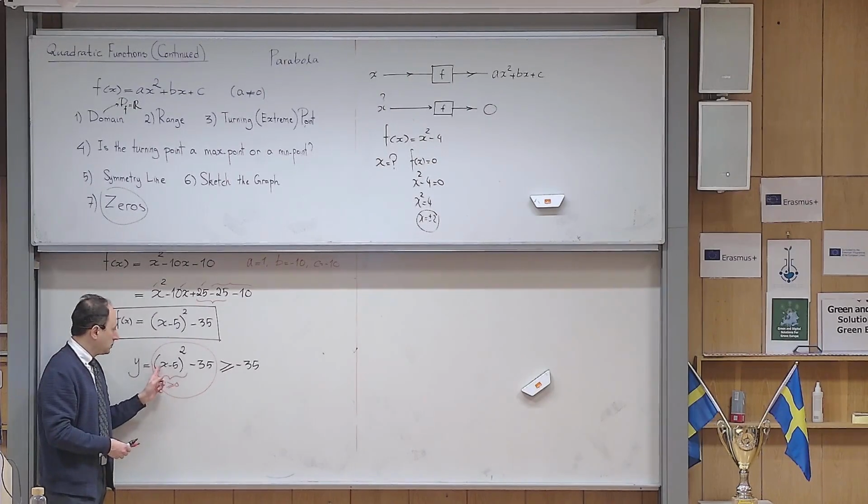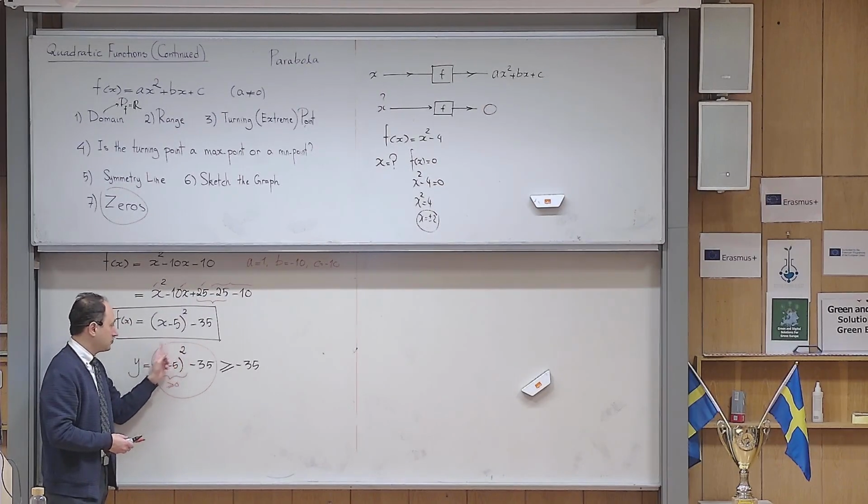Why? Because whatever this number is, I am raising it to power 2. If the number here is already positive, when I raise it to power 2, it still becomes positive. Even if this number is negative, after raising to power 2 it again becomes positive. So in both cases it is positive, and in one special case, if x is equal to 5, it is 0.